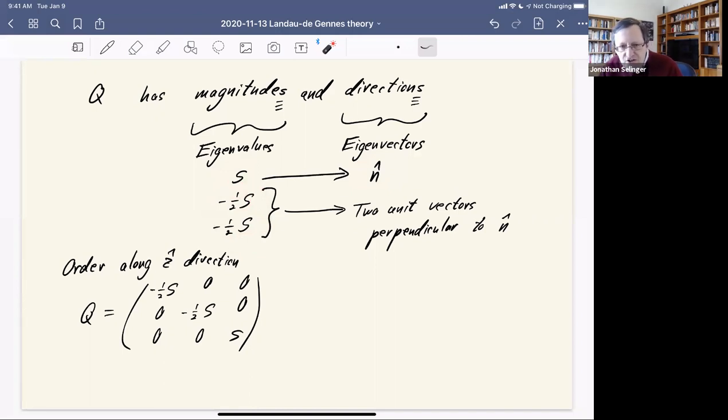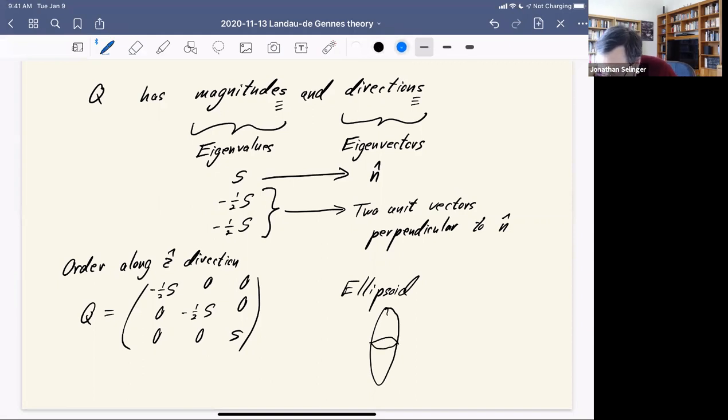So this tensor is something that you could visualize as an American football. It is a tensor that could be visualized as an ellipsoid, which has a long axis along N. So here's N. It has a long axis along N and a short axis, which is the same this way or that way, right?